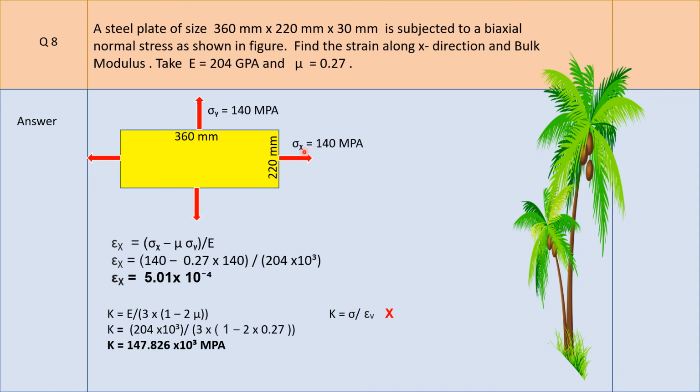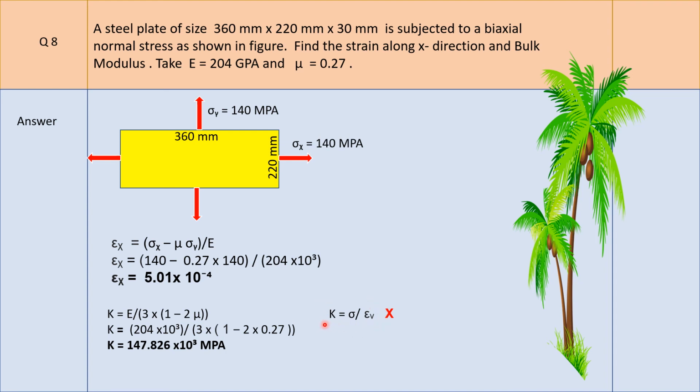Here sigma x and sigma y are 140 tensile, but this is a biaxial stress system, so sigma z is 0. If sigma z would have been tensile 140 megapascal, then this formula will give you the correct answer. But here sigma z is 0, so this formula you cannot use.